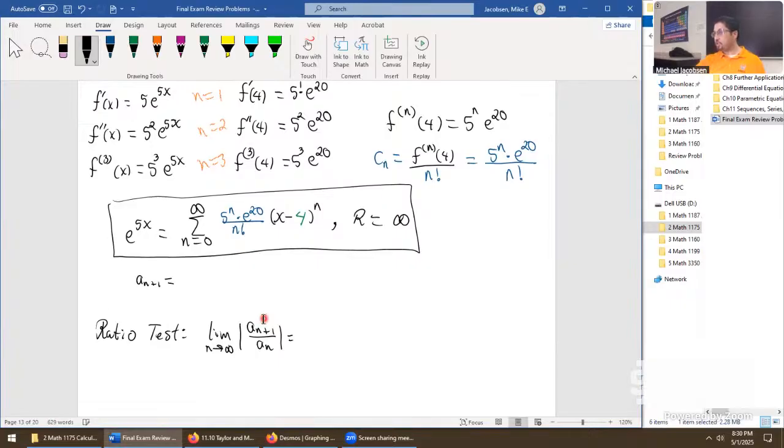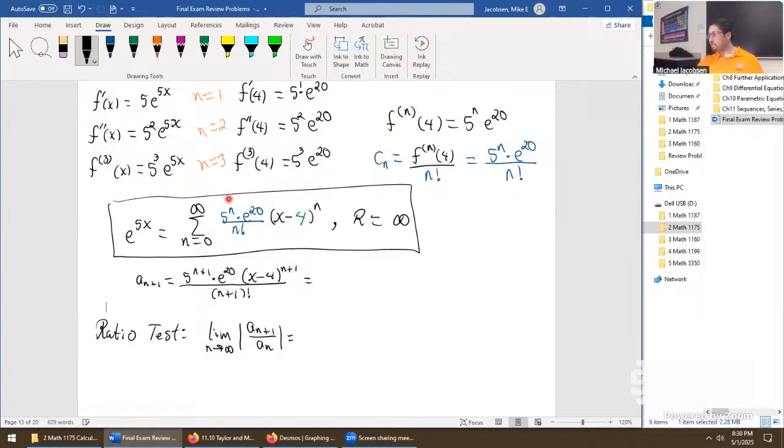A_{n+1} is going to be 5 power n plus 1. E power 20 is just kind of sitting around there as a coefficient. X minus 4 power of n plus 1 over n plus 1 factorial over here.